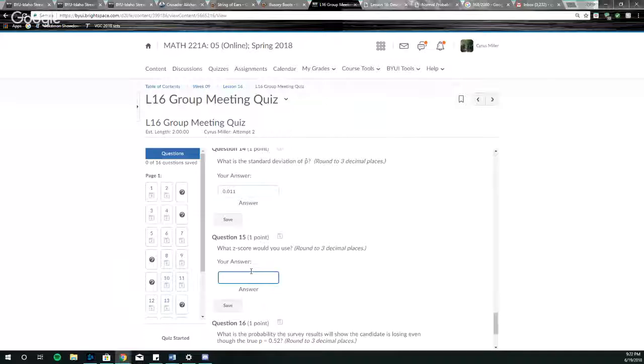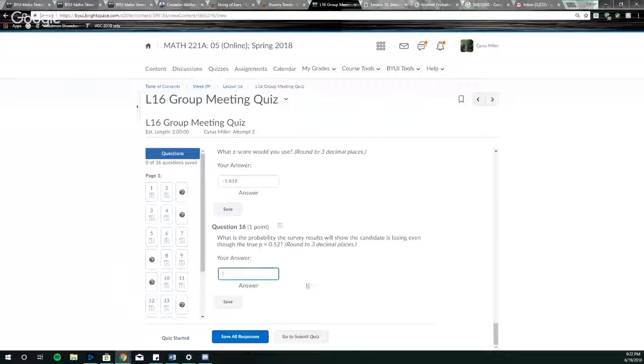All right, so this one's probably negative 1.818, because otherwise this wouldn't be right. Well, I guess it's three decimal places. Did I put that last time? For 16, I did 0.0345, not 0.035.